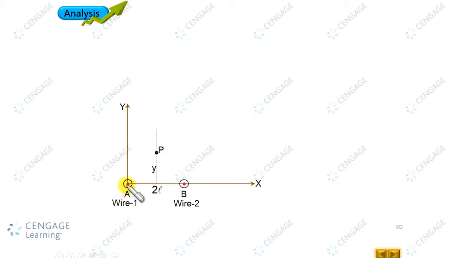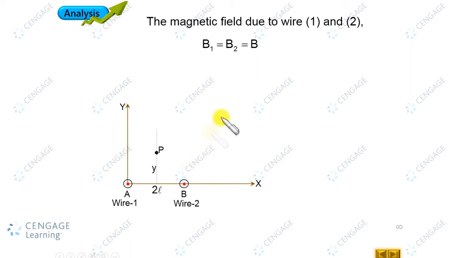Both are infinite wires carrying the same current. That means the magnitude of the magnetic field generated by wire 1 at point P and by wire 2 at point P should be equal. So we can say B1 is equal to B2, say capital B, the magnetic field from either of the wires.